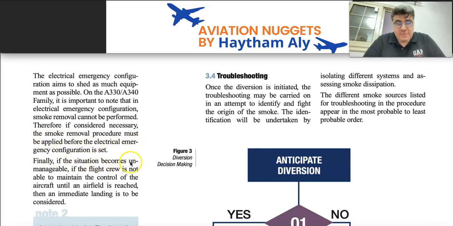Finally, if the situation becomes unmanageable, if the flight crew is not able to maintain control of the aircraft until an airfield is reached, then an immediate landing is to be considered. The pilot must think about a diversion in a case of a smoke procedure.